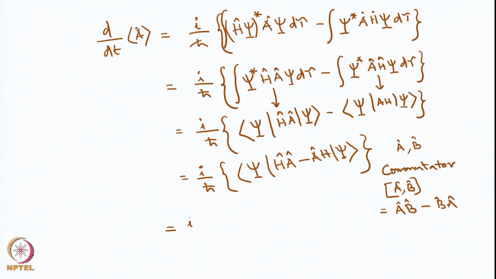So this is equal to i/ħ times ψ* [H, A] ψ. This is one of the very interesting results in quantum mechanics and is very useful for spectroscopy.